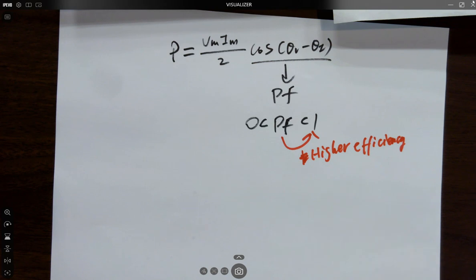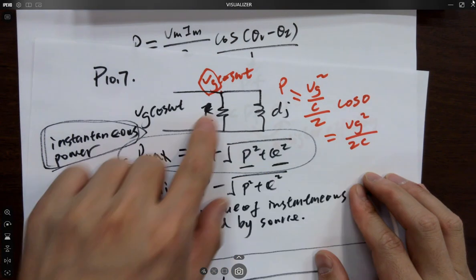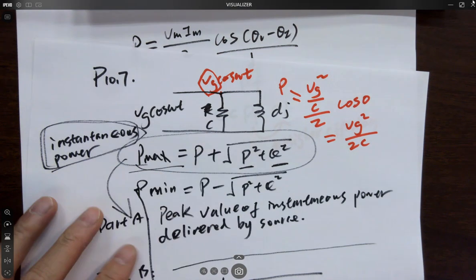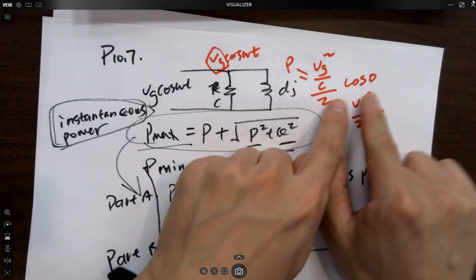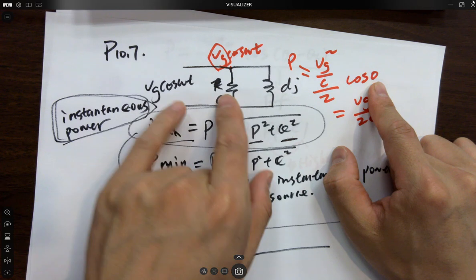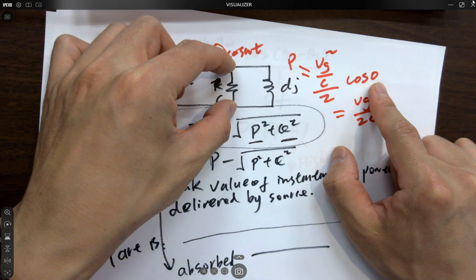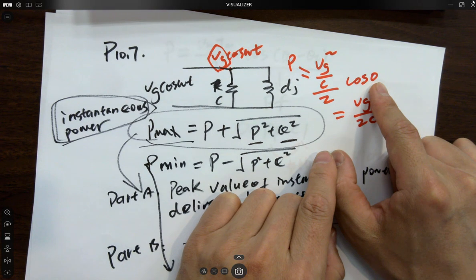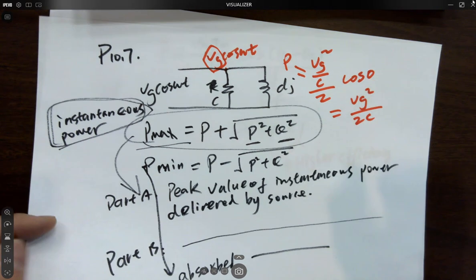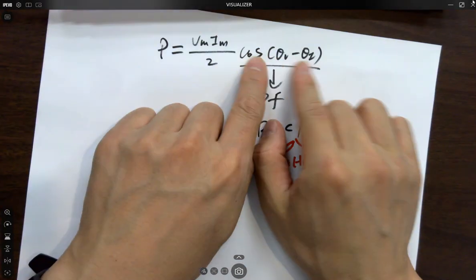So which device gets a power factor of 1? What kind of device? A resistive load, right? Remember, when we are doing a resistive load, we are calculating the resistor's real power. The V and I phase shift is 0 degrees, which gives you cosine 0, which is 1.